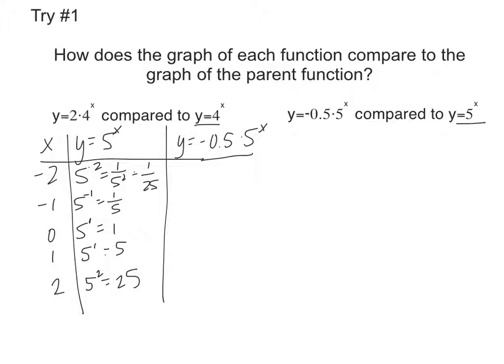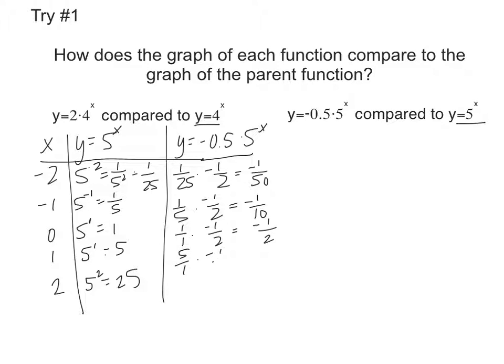Okay, so 1 over 25 times negative 1/2 is going to give you negative 1/50. 1/5 times negative 1/2 is going to give you negative 1/10. 1 over 1 times negative 1/2 is going to give you negative 1/2. 5 over 1 times negative 1/2 is going to give you negative 5/2, or negative 2 and 1/2, because we kind of need to know what that means.